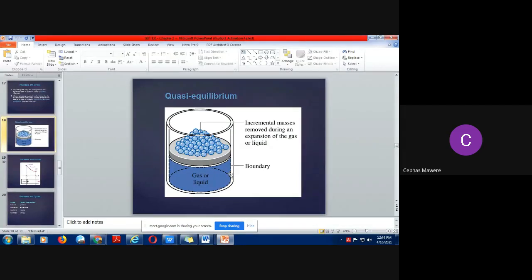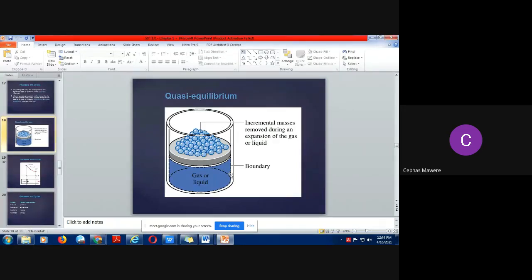As the gas expands, and that process happens at a constant level, it means that it remains in an equilibrium state.